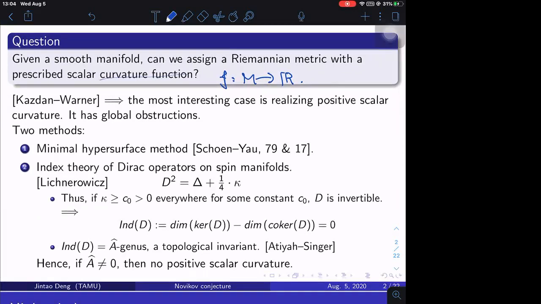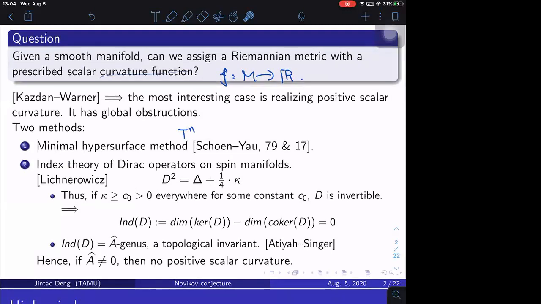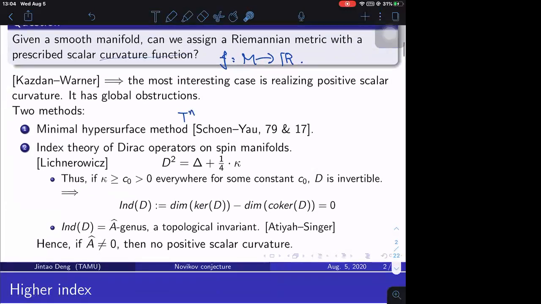So we have two methods to see the obstruction. The first one is by Schoen and Yau. They solved the existence problem of positive scalar curvature on the n-torus. Their method is called the minimal hypersurface method. Another method, which I'm going to focus on, is by Gromov and Lawson.